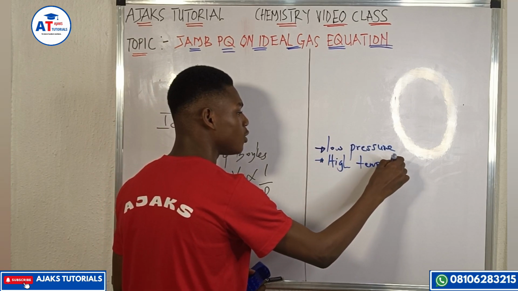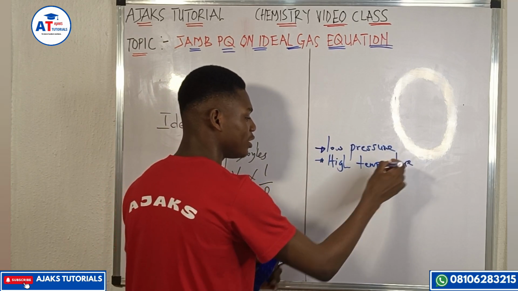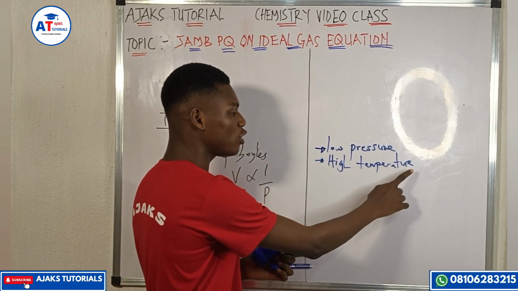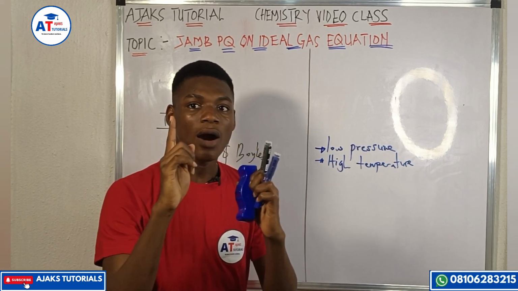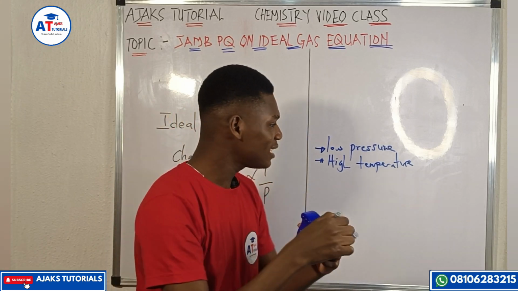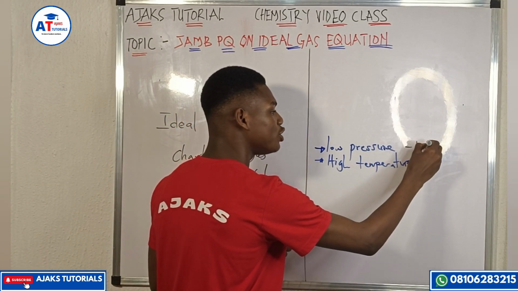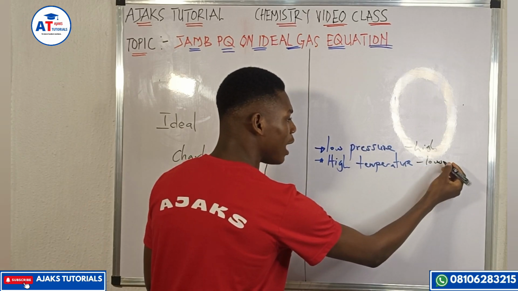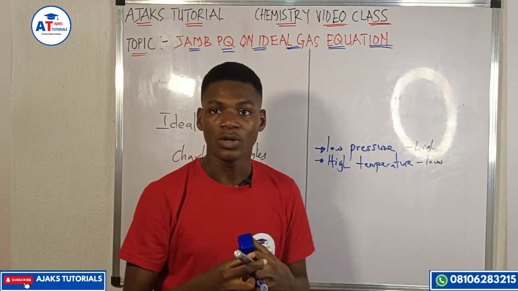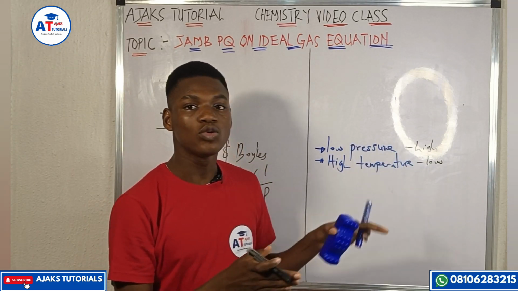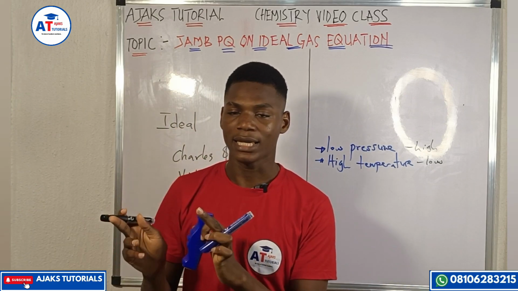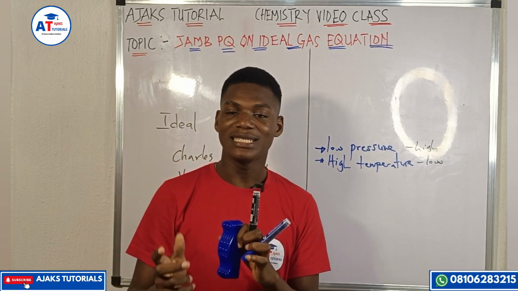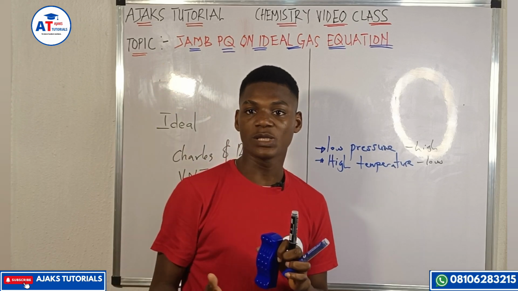Now I want to say something very important. A gas is said to be ideal if it's at low pressure and high temperature. Once a gas is at high pressure and low temperature, I'll tell you the name, but not now, this gas is no longer ideal. These gases are said to deviate from ideality. If a gas is deviating from ideality, there are two factors responsible for this deviation.